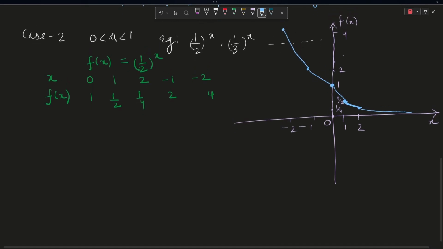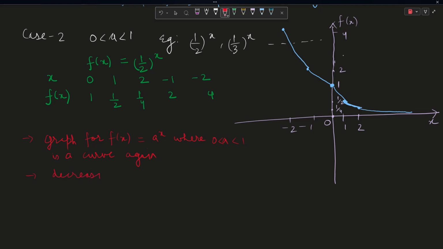Now in this graph, the first thing that we observe is that the graph for f of x is equal to a to the power x, where a is greater than 0 and less than 1, is a curve again, and also it is a decreasing graph or decreasing function.